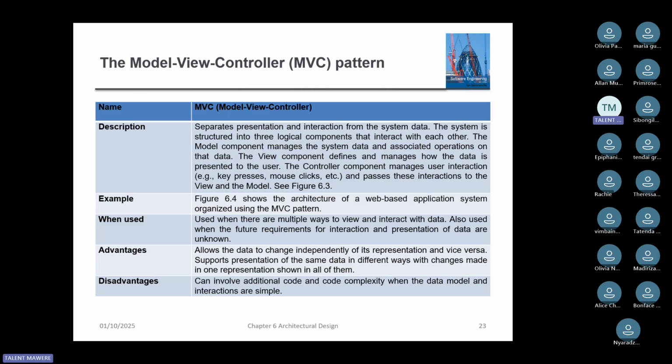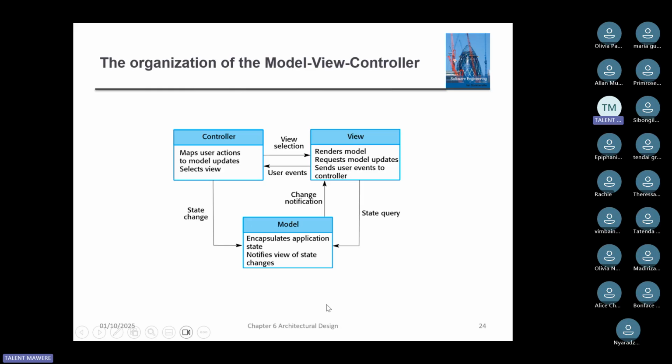The disadvantage is that it can involve additional code and code complexity when the data model and interactions are just too simple. So this diagram here represents the model view controller of a web page. We have the three components, the controller, the view, and the model.